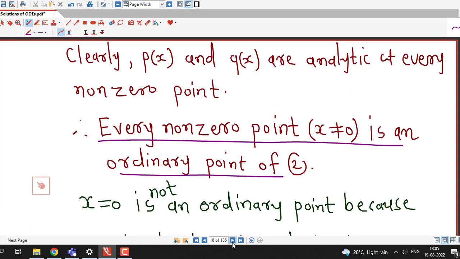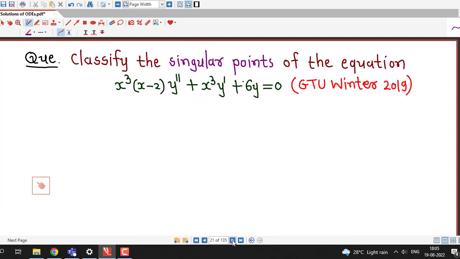We can discuss one more question on ordinary and singular points, which was asked in the GTU Winter 2019 exam. The given equation is x cubed times (x minus 2) y double dash plus x cubed y dash plus 6y equal to 0.